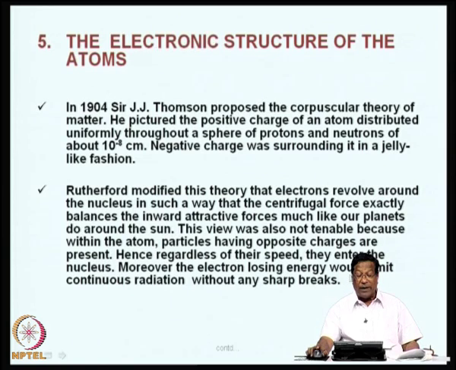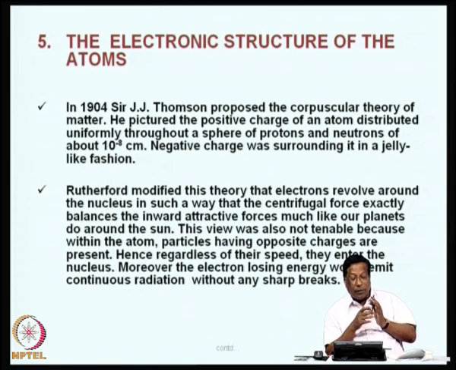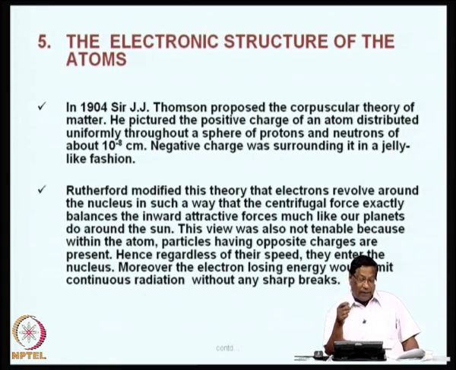Moreover, the electron losing energy would emit continuous radiation. This is another part which I want to talk to you about. See, an element is characterized by a spectrum, and as it gets excited, it loses energy, and electromagnetic radiations come out. If the electromagnetic radiation is coming out continuously, it means there is loss of energy continuously.